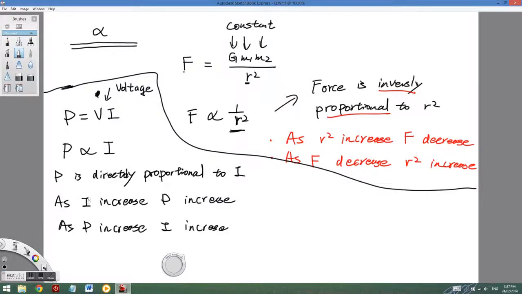Or the other way around, as current decreases, power must decrease. So that's what this means. Use this kind of information and try to do question 4 in your weekly assignment.